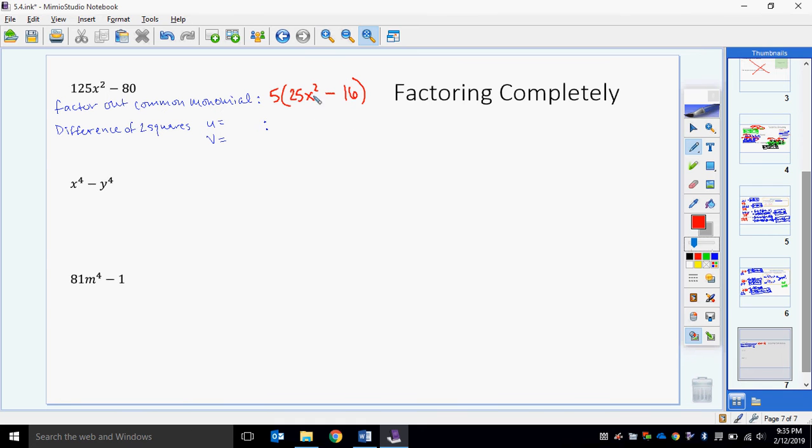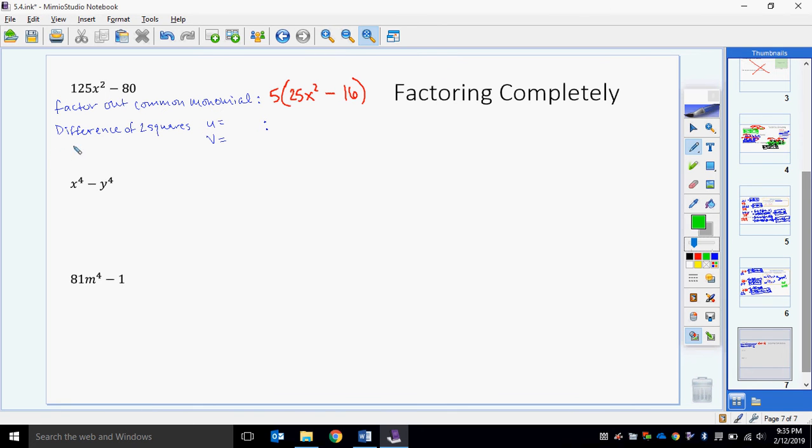Okay, so I factored out a monomial, but look in my parentheses here. I have a difference of two squares because 16 can be written as 4 squared, and 25x squared can be written as 5x squared. I want to write this for you to see.